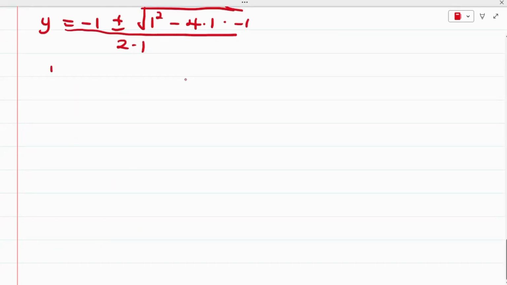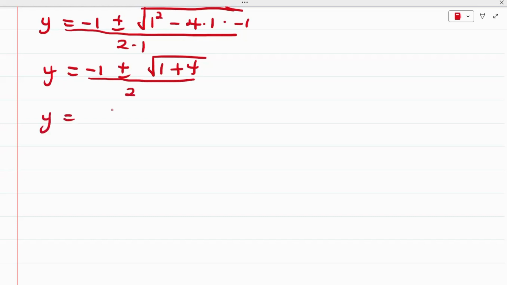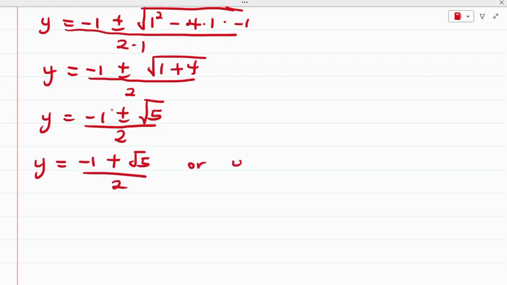So y is equal to minus 1 plus or minus the square root of 1 squared is 1, minus 4 multiply 1 multiply negative 1 will give us plus 4, over 2, and y is equal to minus 1 plus or minus the root of 1 plus 4 is 5, over 2. Alright, so from here we have that y is equal to minus 1 plus the root of 5 over 2, or y is equal to minus 1 minus the root of 5 over 2.